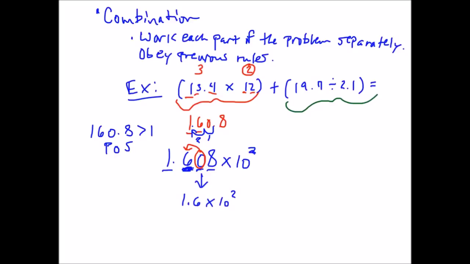Okay, now let's come over here and do this division part of it. 19.7 has 3 sig figs, while 2.1 only has 2 sig figs. So again, we're going to have to cut our answer off at 2 significant digits. When you do this division, you get 9.38095238.